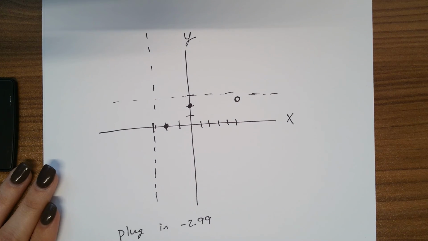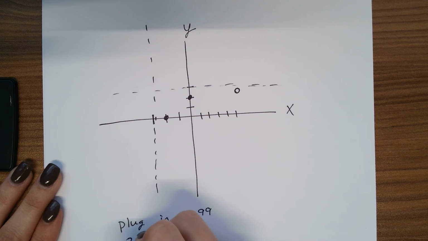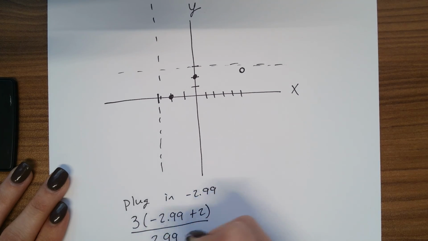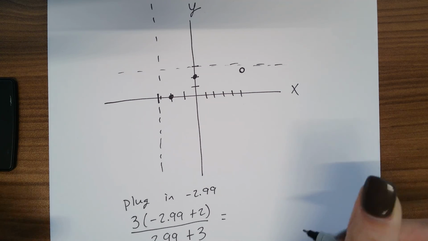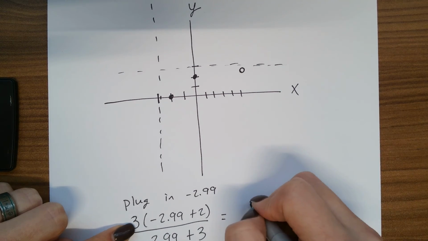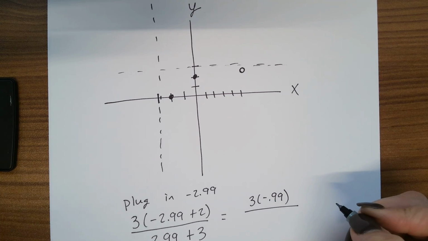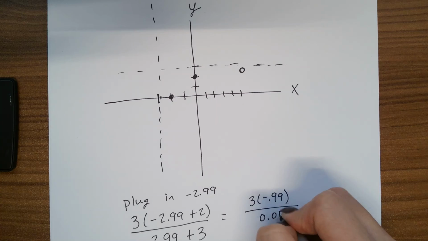So if I plug in negative 2.99 into the simplified form, I'm going to have 3 times negative 2.99 plus 2 over negative 2.99 plus 3. So on the top, negative 2.99 plus 2, this is going to be something. 3 times negative 0.99 over negative 2.99 plus 3, which gives me 0.01.